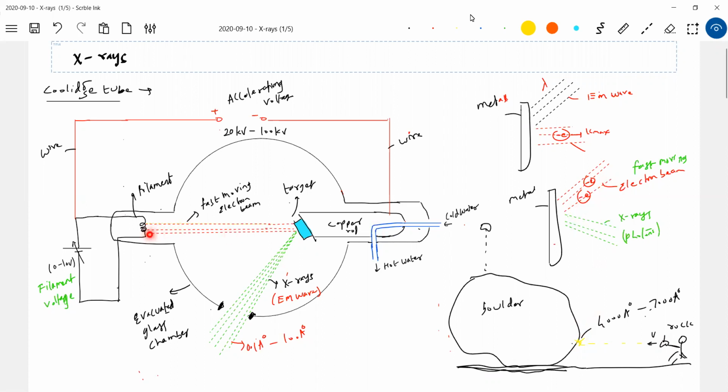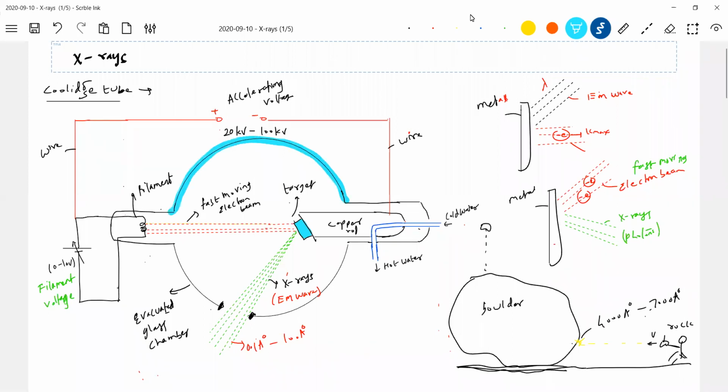So how do we produce that electron beam? Let's come to what is called a Coolidge tube. What is this?